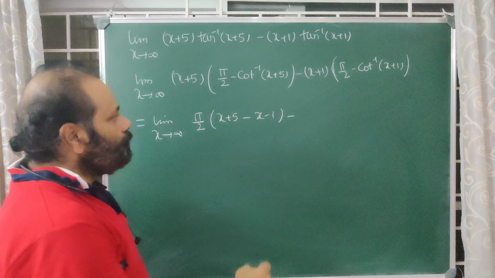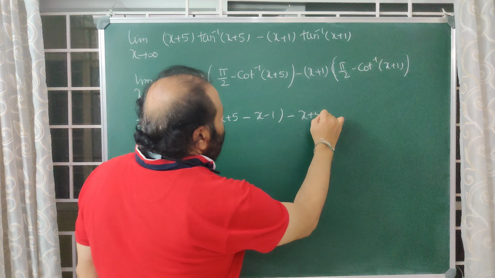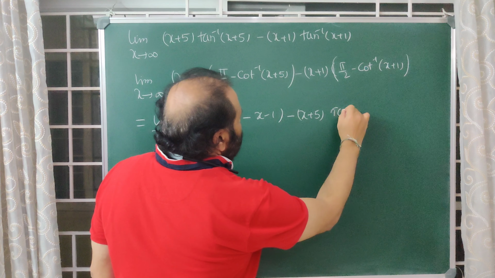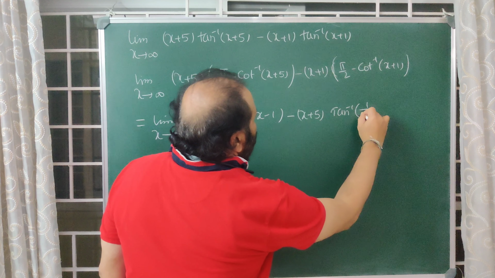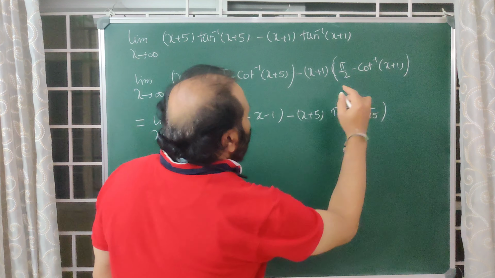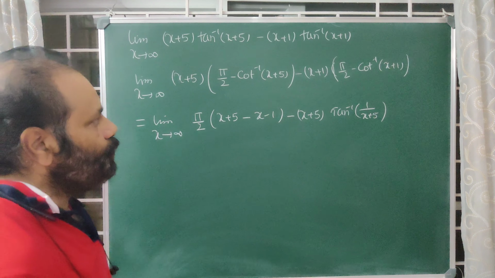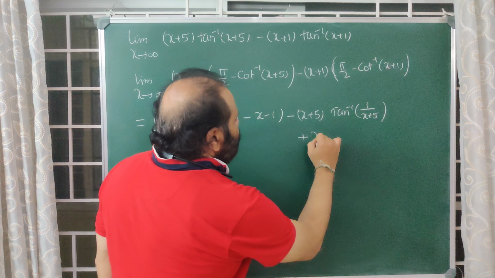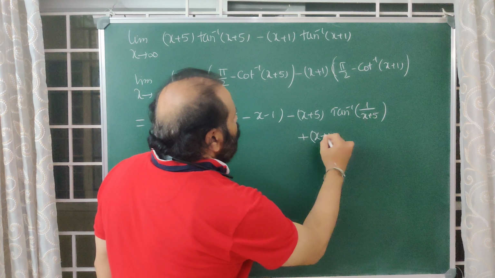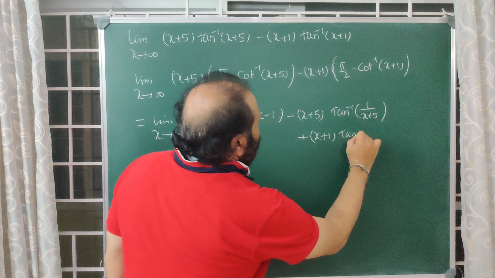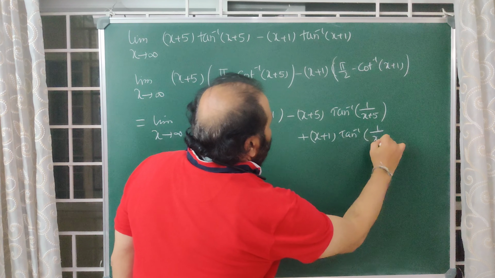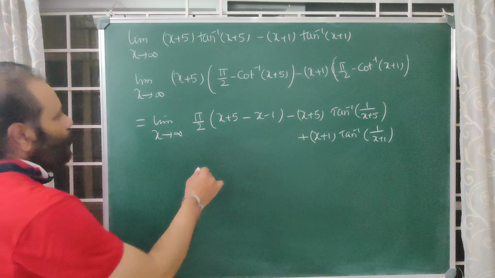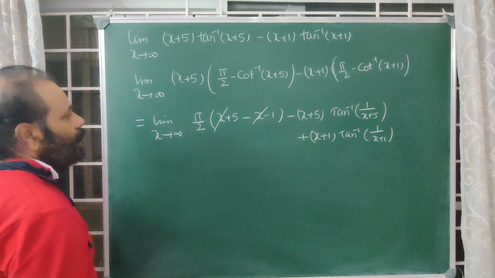Minus (x plus 5) into cot inverse (x plus 5) can be expressed as tan inverse 1 by (x plus 5), because x is anyhow positive. So minus into minus will become plus: plus (x plus 1) into tan inverse 1 by (x plus 1). If you look here, x and x get cancelled.